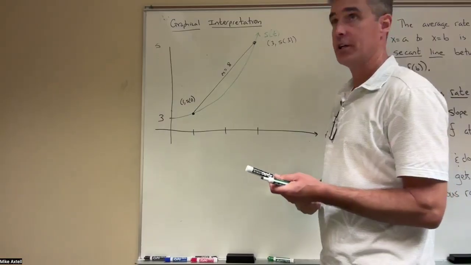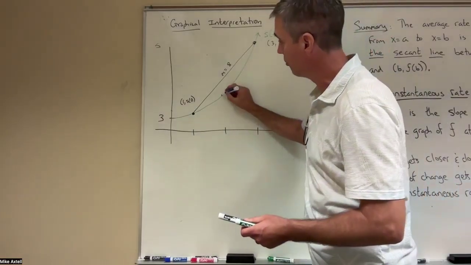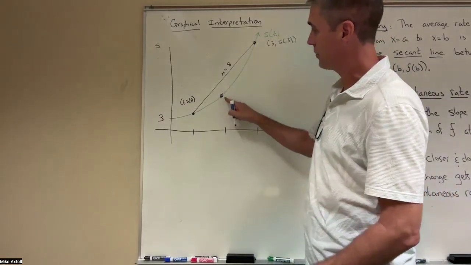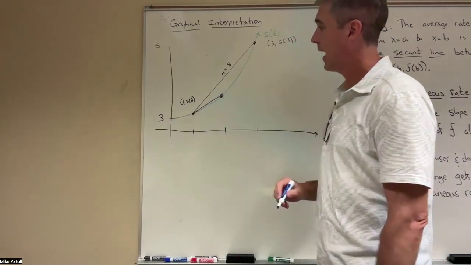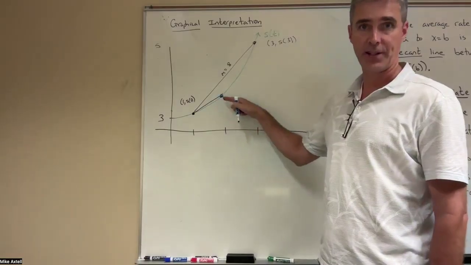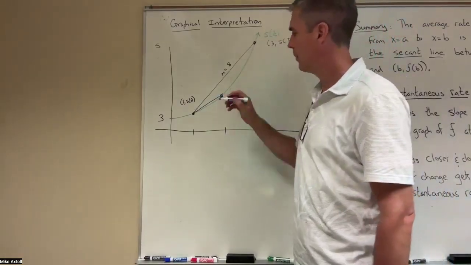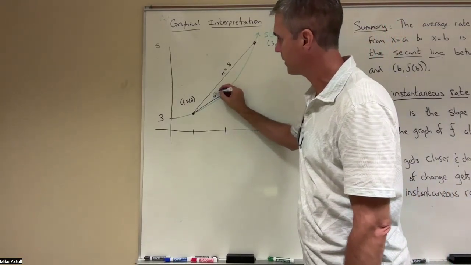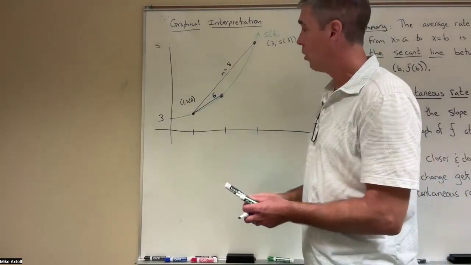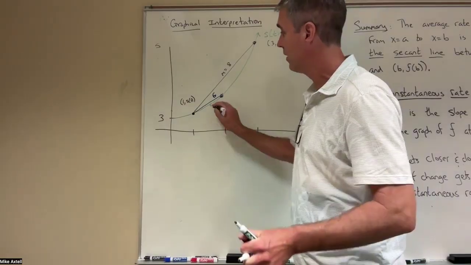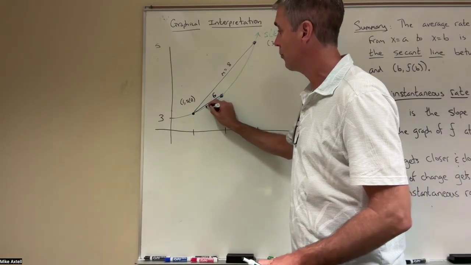The next one I did was from time 1 to time 2. So there's my dot at time 2. And my average rate of change was the slope of that secant line, which I believe we had 6 feet per second. Then I did time 1 to time 1.5. So there's time 1.5.